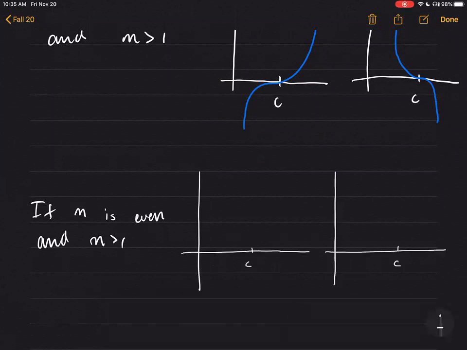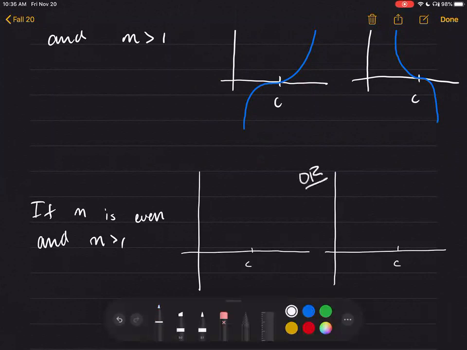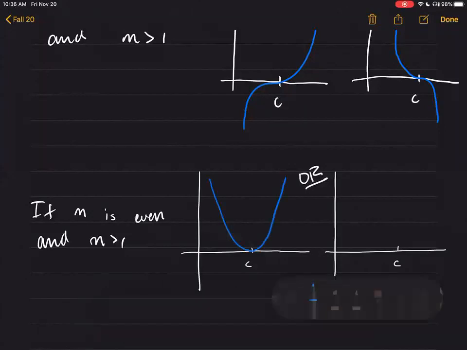C. Okay, so it's going to be one of these two. It's either going to look like this, so it's going to come down and just touch the axis at C, or it's going to come from below and just touch the axis at C.